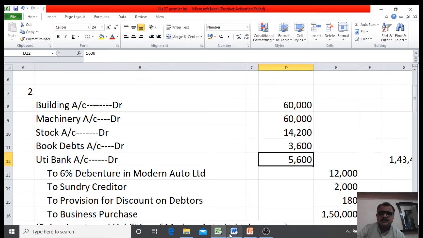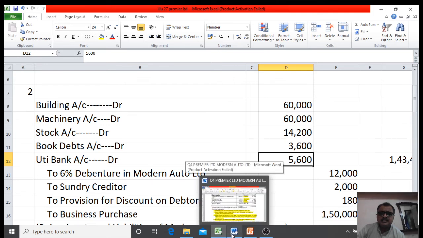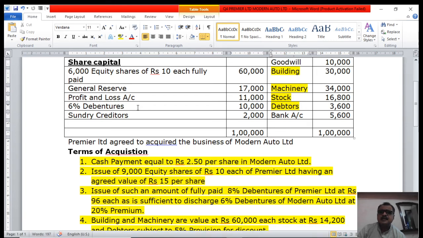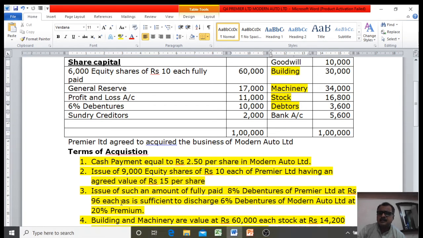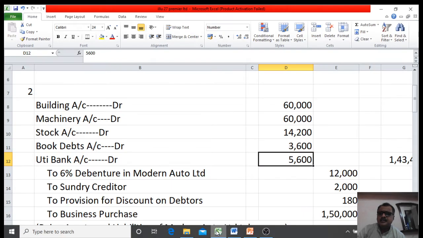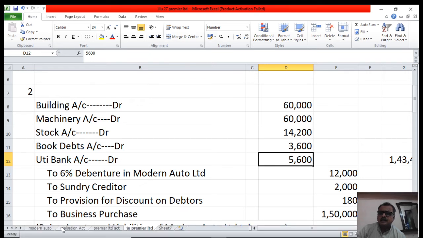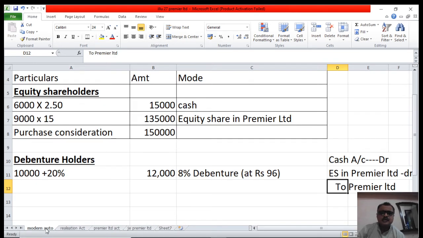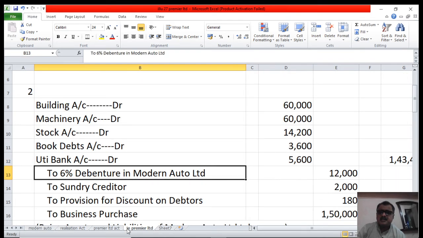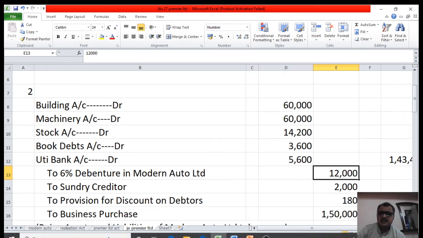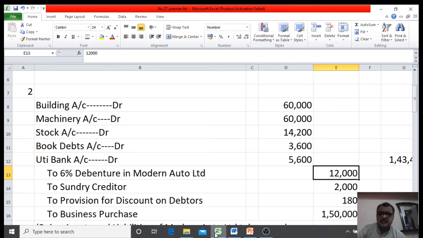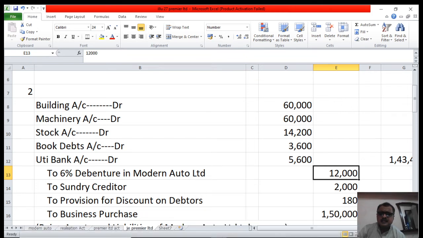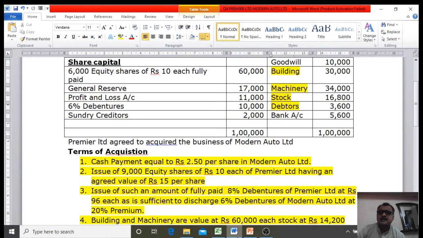Liabilities we will be taking at the revised value, meaning outside liability 6% debenture 10,000, but here we had calculated it is taken at 12,000. So we will write here 6% debentures in Modern Auto Limited 12,000. Then the next liability is creditors.